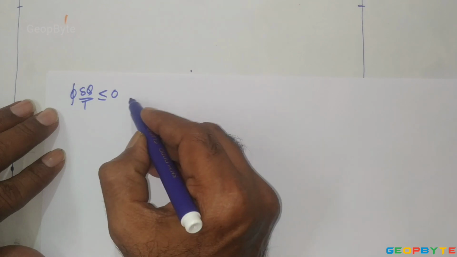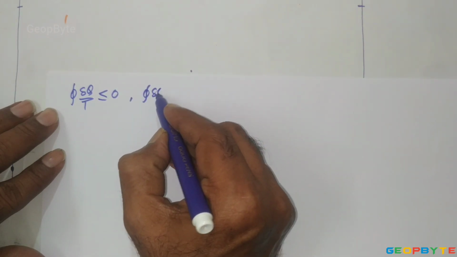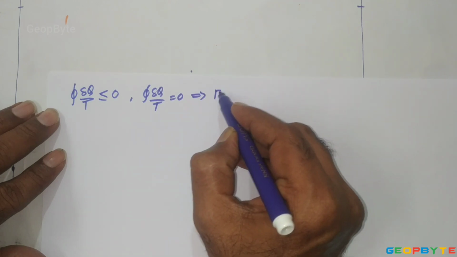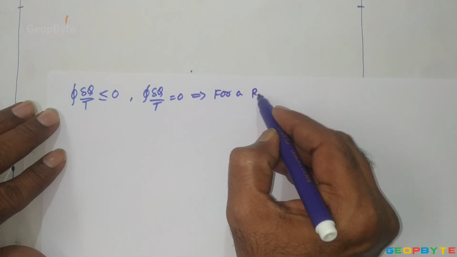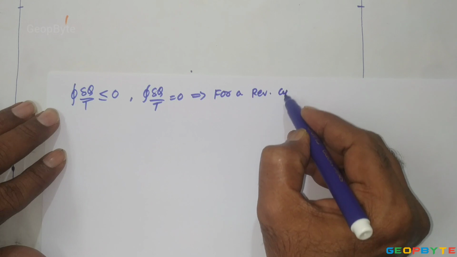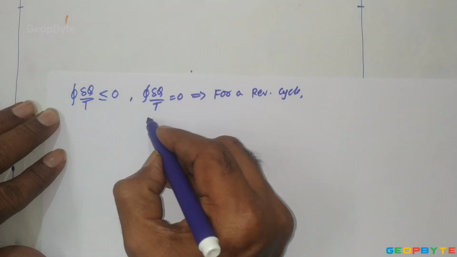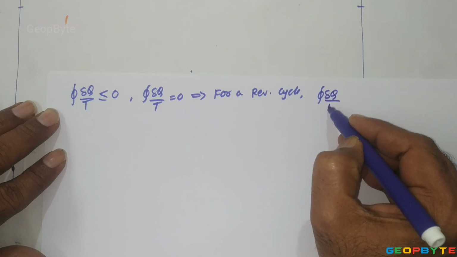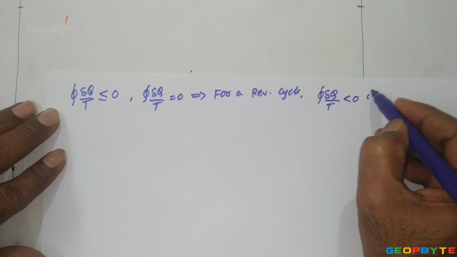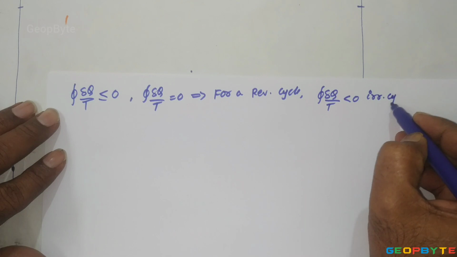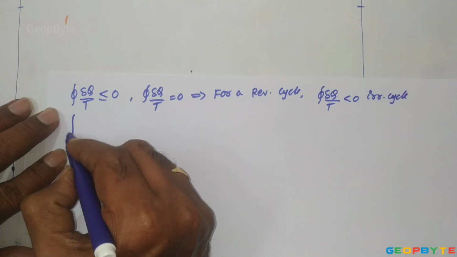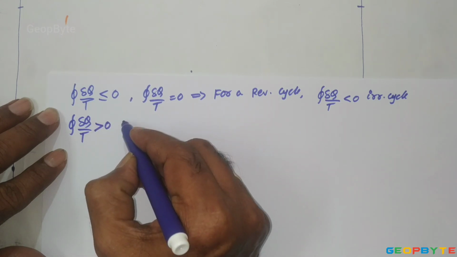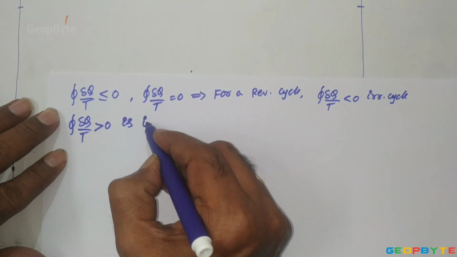Cyclic integral del Q by T equal to 0 for a reversible cycle. Cyclic integral del Q by T less than 0 for an irreversible cycle. Cyclic integral del Q by T greater than 0 is impossible.